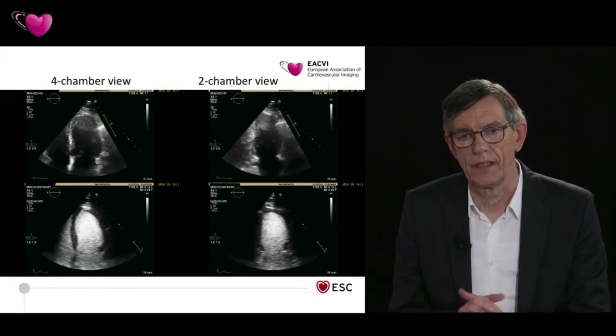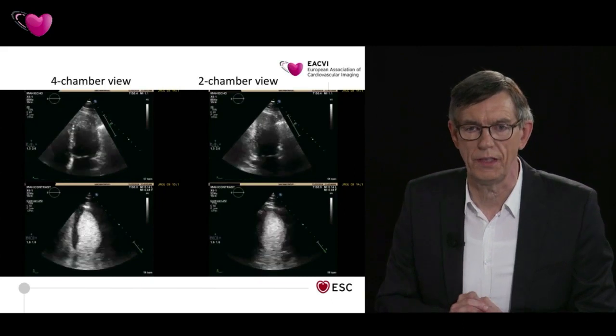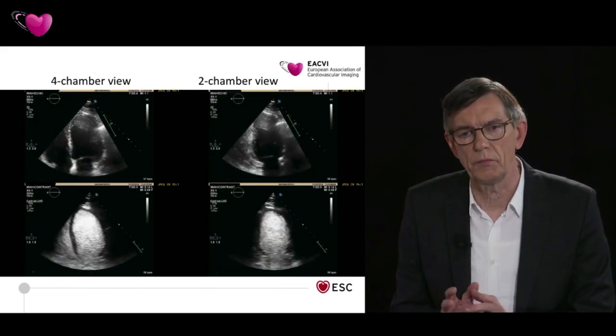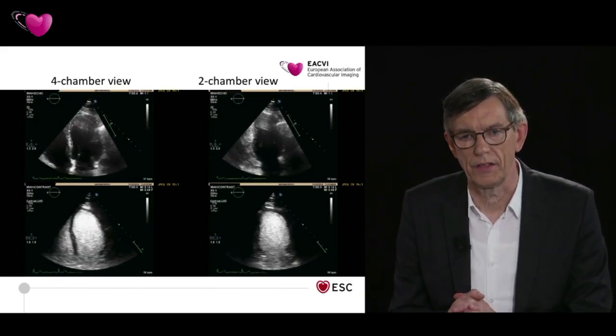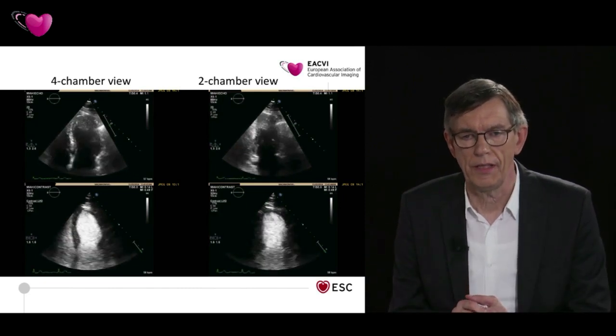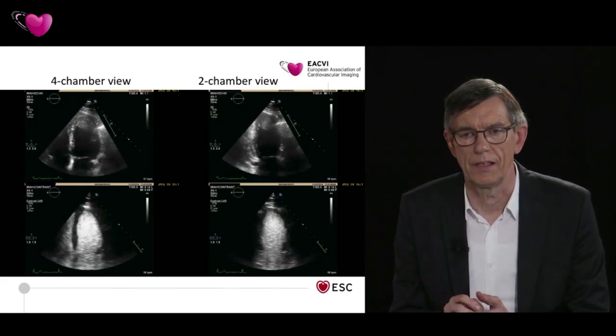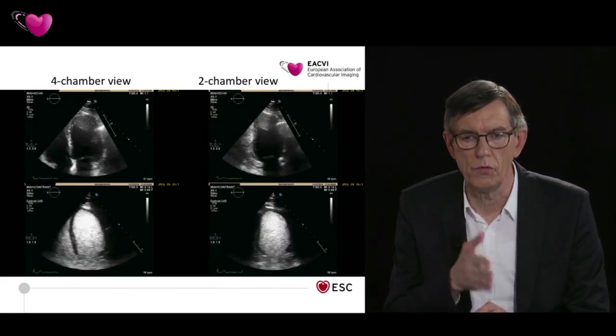And I want to start with these loops here. Because that's what we do usually in clinical practice. Probably most of us in our institution, we assess the LV function by looking at the moving heart.